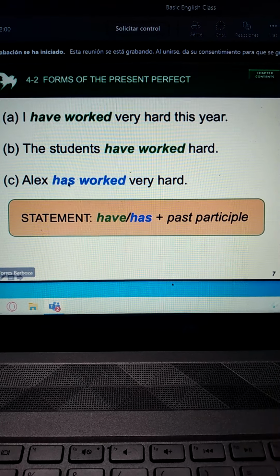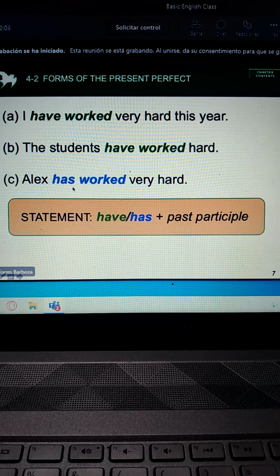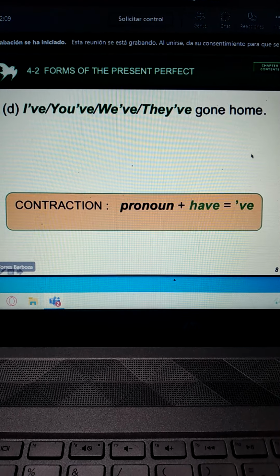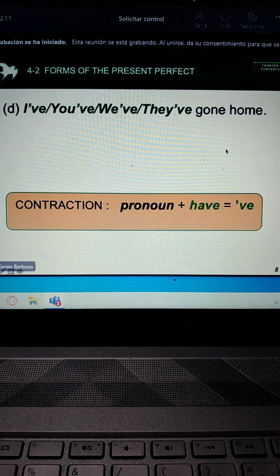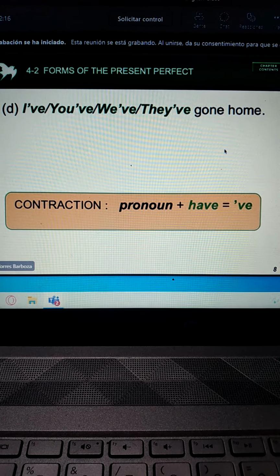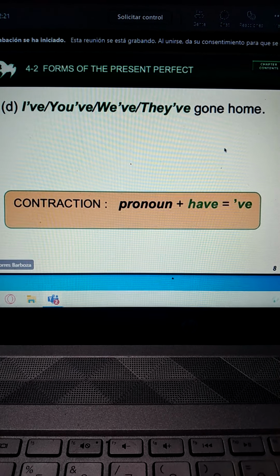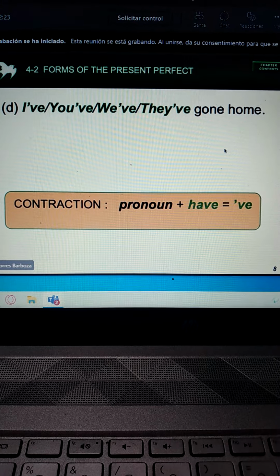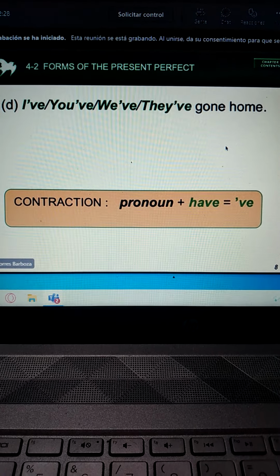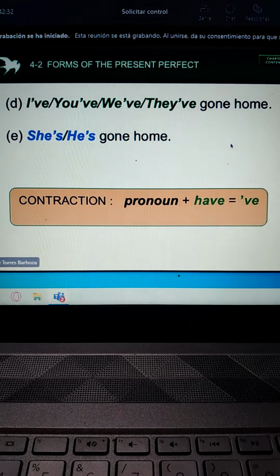And what happens with he, she, and it has? The contraction would be the apostrophe with the s. That's what we're going to see later. That's the contraction: pronoun plus have equals 've. That's why I say I've, you've, we've, they've, and the past participle. I've gone home. You've gone home. They've gone home, or we've gone home. She's or he's gone home.